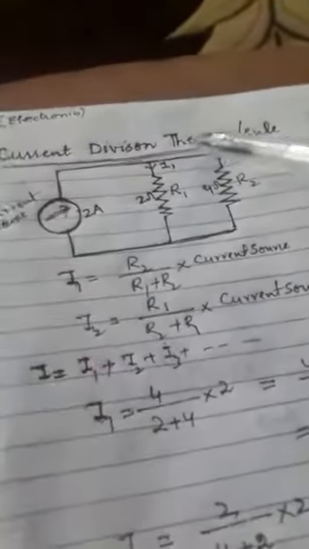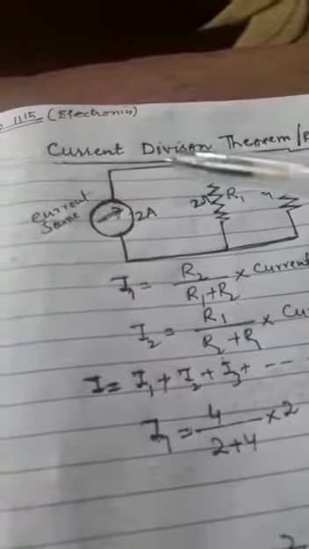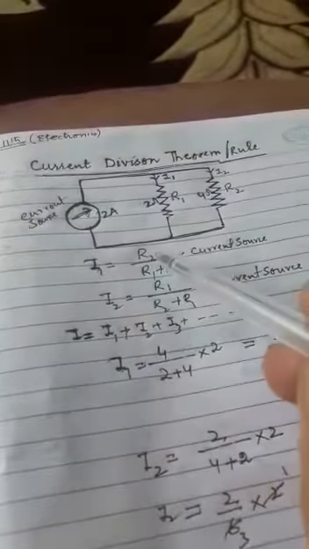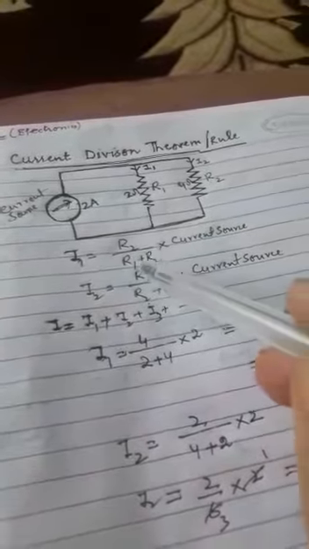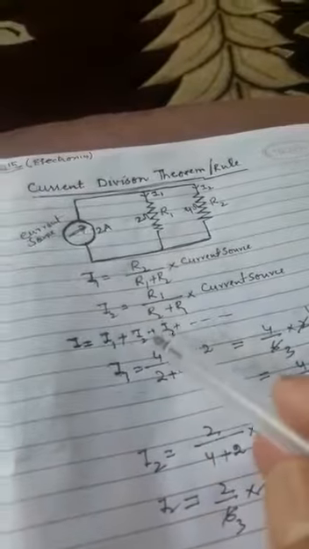When you are asked to discuss the current division theorem, you have to draw a similar circuit, R1 R2. Then you have to show I1 is equal to R2 by R1 plus R2 into the current source. Similarly, I2 is equal to R1 by R1 plus R2 into the current source. Then you have to show, for resistors connected in parallel, I is equal to I1 plus I2 plus I3.